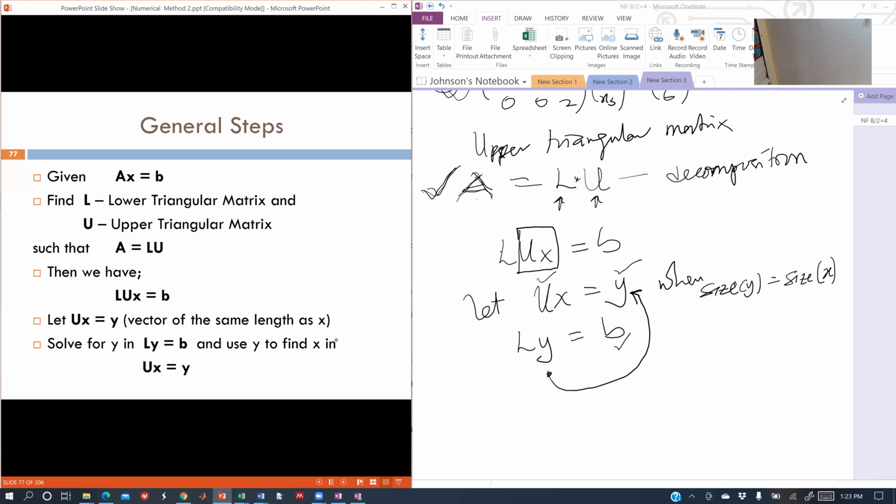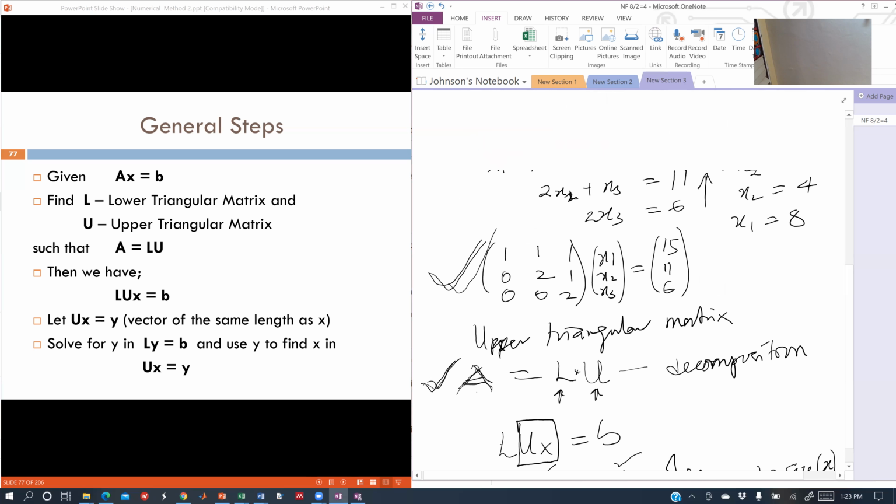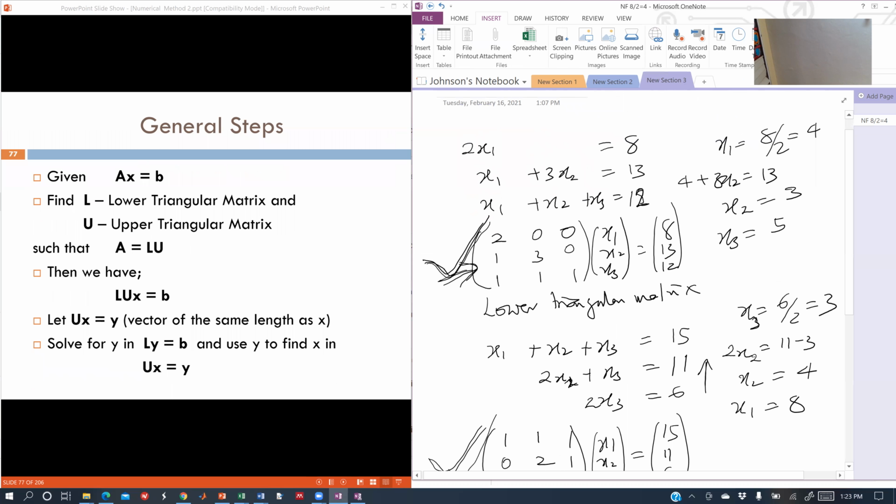Use Y to find X in the Ux is equal to Y, because at that stage we will know Y. So we come and put the values of Y here, and we solve for the values of X that we are looking for. So you see, you are going to solve a lower triangular problem equal to a certain right-hand side, and that system will look like this one.